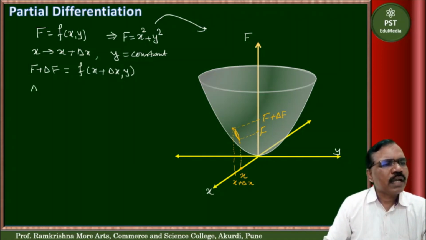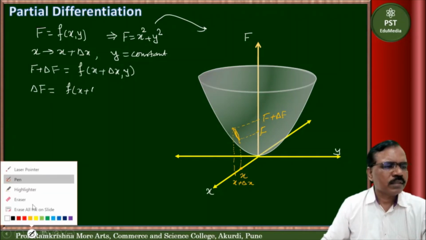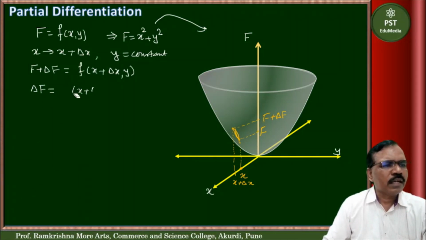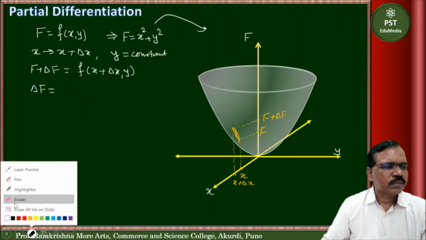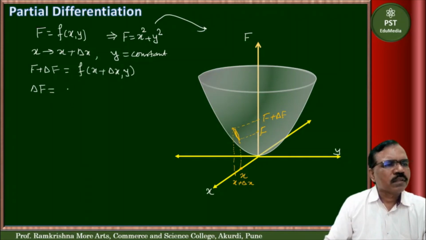So what is delta f? Delta f is equal to f plus delta f minus f.